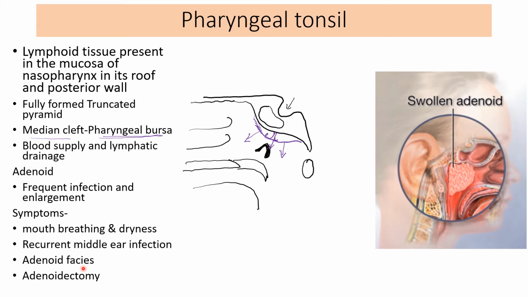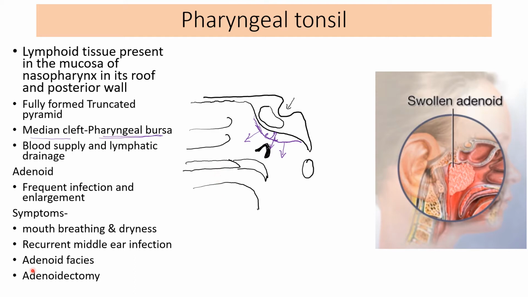Adenoid facies will form if the adenoid, or the enlarged pharyngeal tonsil, remains untreated for a longer time. Because of the regular continuous mouth breathing, the relationship between the hard palate and the tongue is not normal, because the pressure of the tongue helps in proper development of the proper curvature of the hard palate.